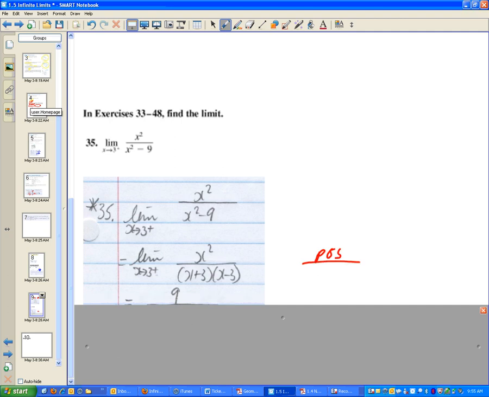Now, finding the limit of the denominator. If I substituted a 3 in there, what do I get? I get 0. So substitution doesn't actually work here. So now's when we reason it out. We've got a constant divided by something approaching 0. We're going to get infinity or negative infinity.